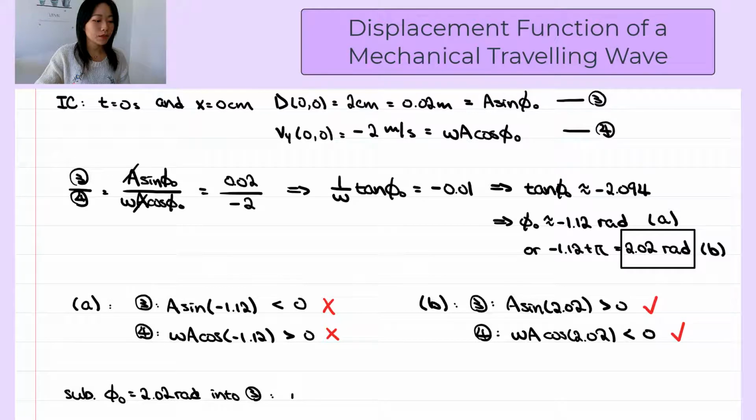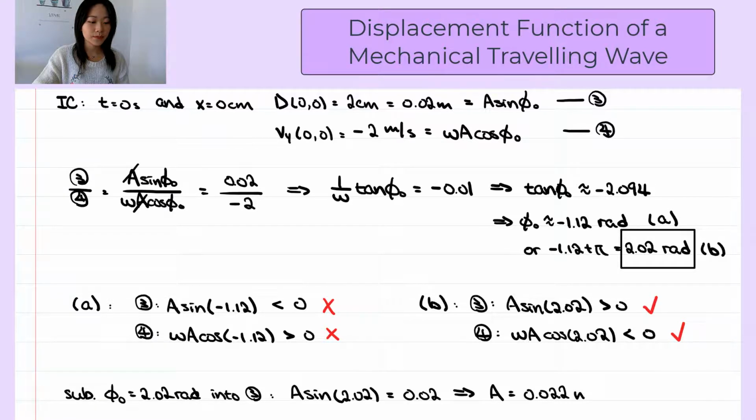And we get amplitude times sine of 2.02 equals 0.02 meters. Then we solve for the amplitude, and we get 0.022 meters.